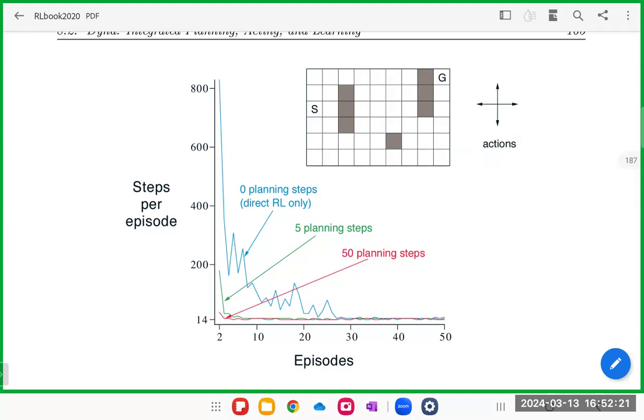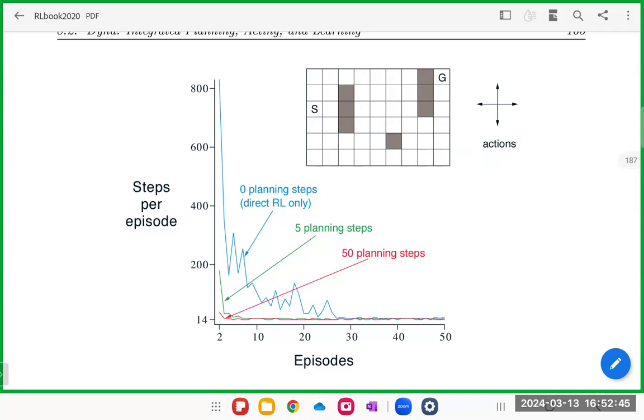Here they have taken the same kind of grid example which we had before. There's some start state and end state, and the four actions, etc. The blue curve corresponds to just doing the conventional Q learning without any simulation.